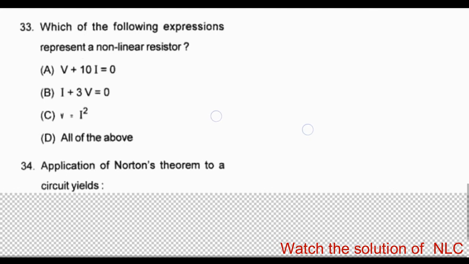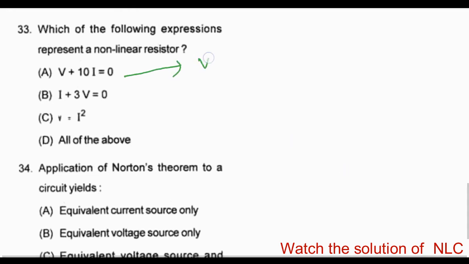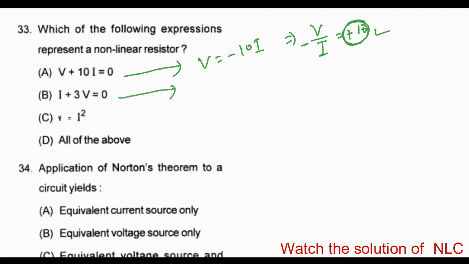Which of the following expressions represents a non-linear resistance? Here we have to find the non-linear resistance. For option A, V is equal to minus 10 I, so V by I is equal to minus 10, or minus V by I is equal to plus 10. So the resistance is constant and linear. Next, minus V by I is equal to 3.